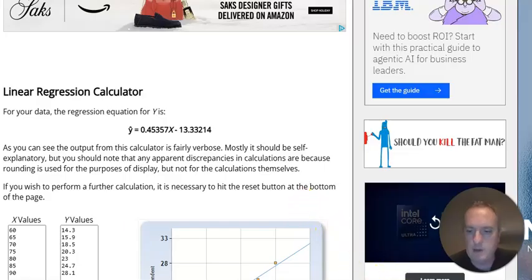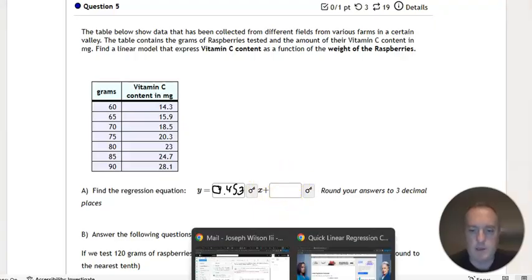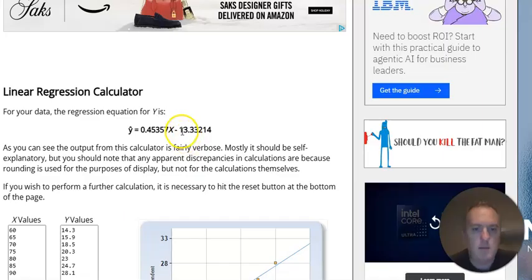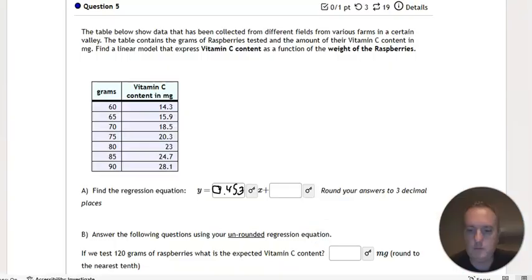Let me get that in. 0.453x, and my y-intercept or b value is minus 13.332. So I do need that minus sign in there.